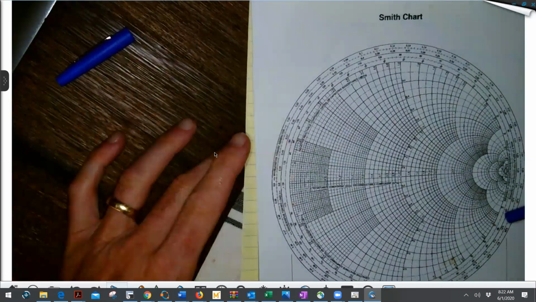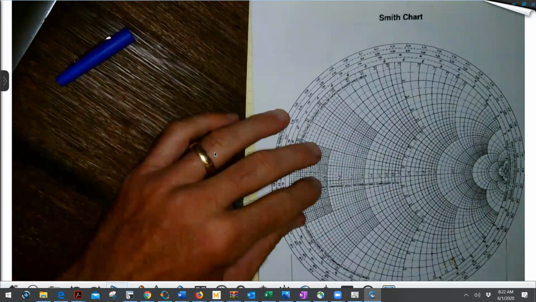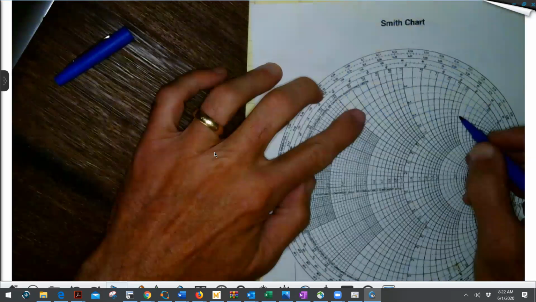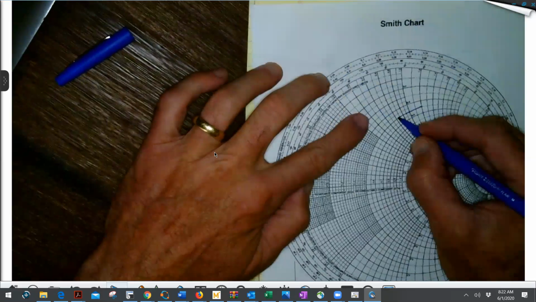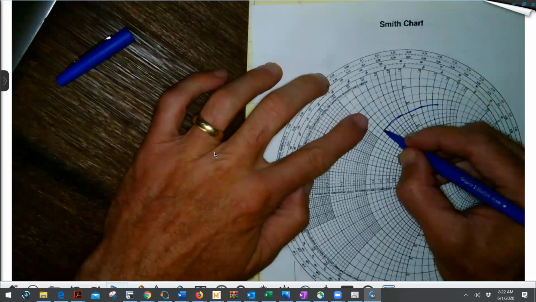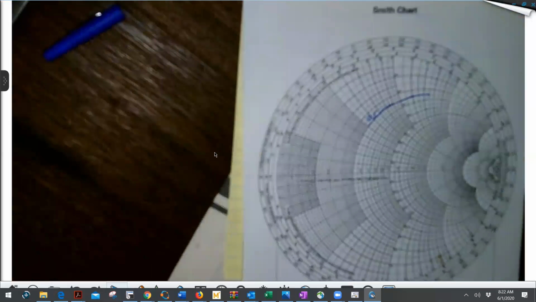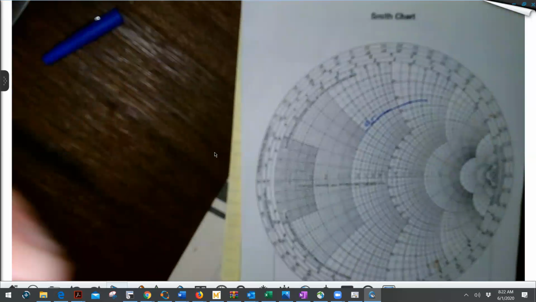So when I look at 0.5 plus j1, the 0.5 is right here. This is the 0.5 line. It's the real part, and I'll try to blow that up for you.